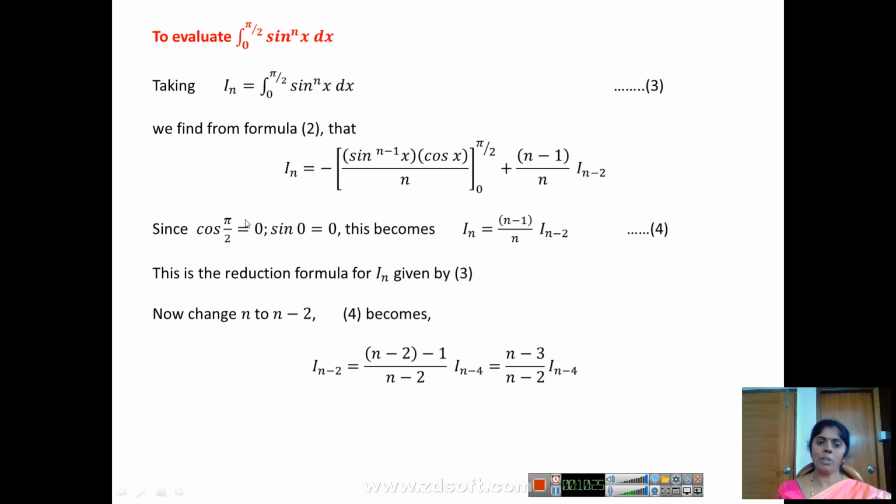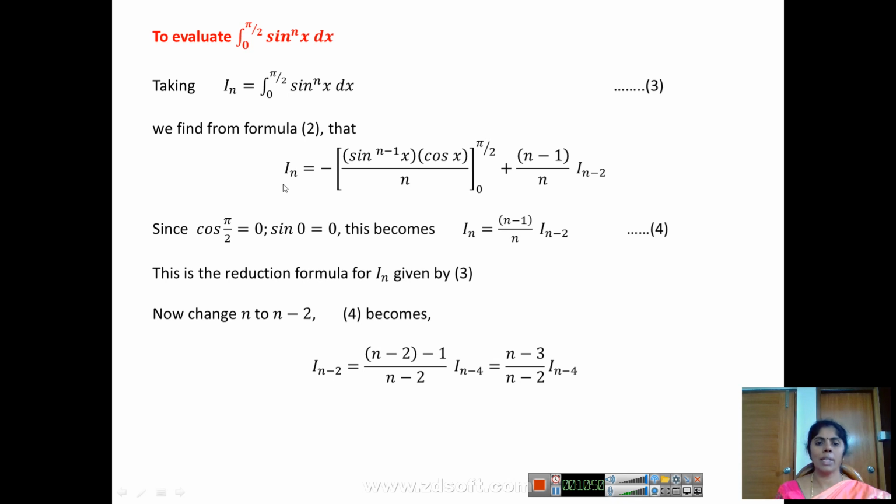Already we know the value of cos of pi by 2, that leads to 0. The first term gets cancelled. Minus second term sine of 0 into cos of 0. So cos of 0 is 1 but sine of 0 is 0. 0 into any function, again leads to 0. Therefore, the complete first function vanishes, or it leads to 0.